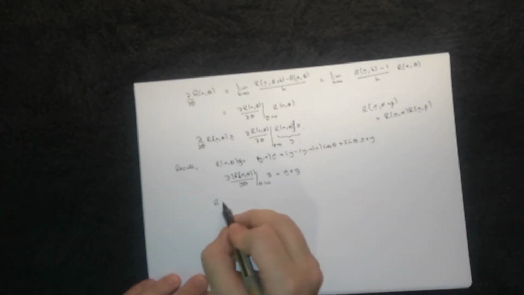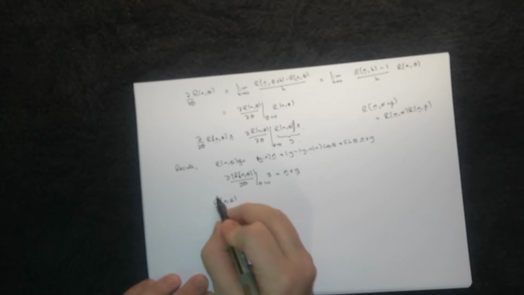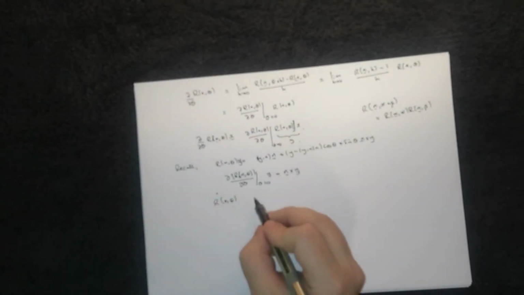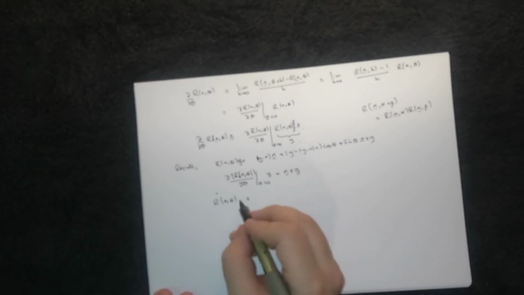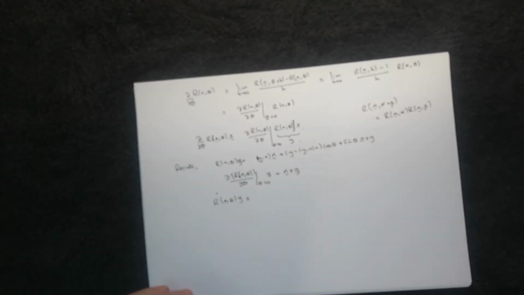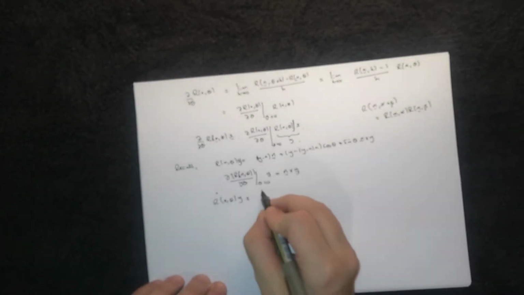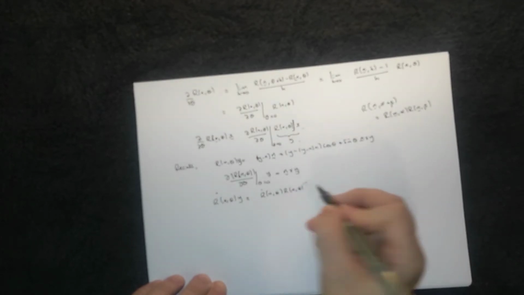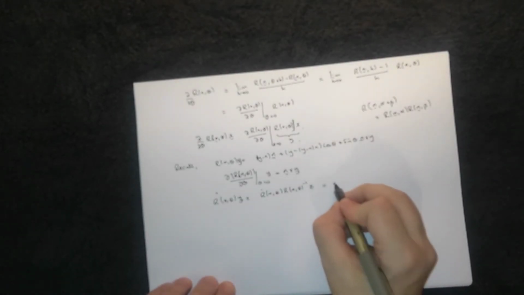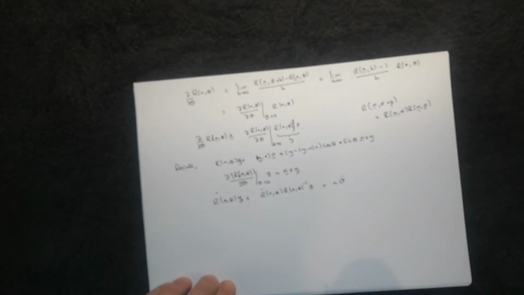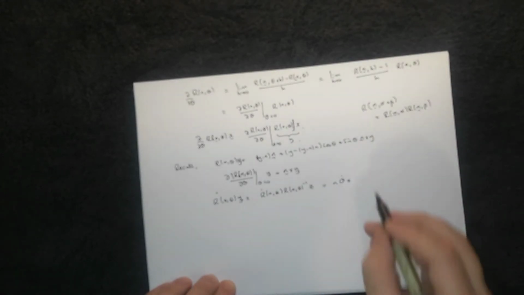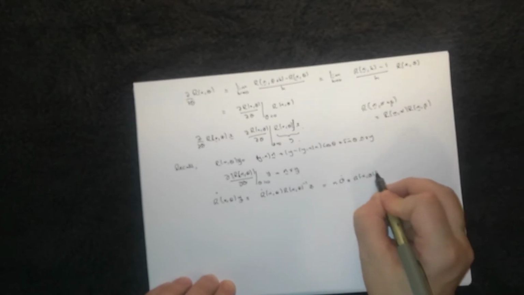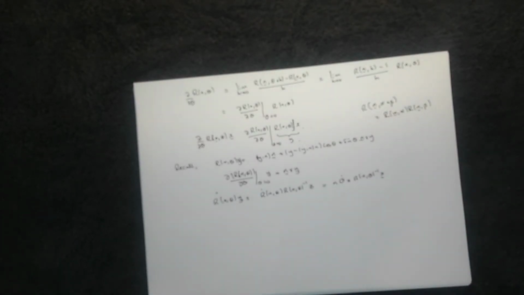Therefore, r dot (n, theta) times y is r dot (n, theta) r(n, theta) inverse of x, equals n theta dot crossed with r(n, theta) inverse x.